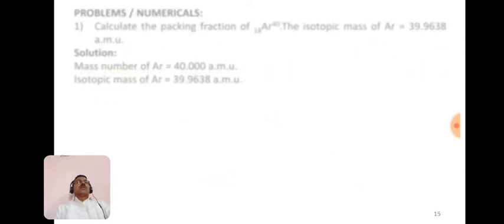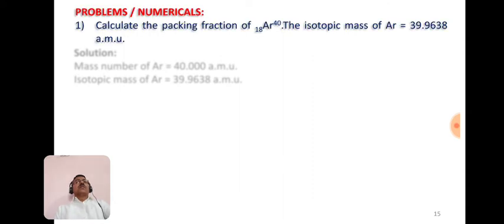Now let us see some numericals based on this formula. This is the problem: calculate the packing fraction of argon, atomic number 18 and mass number 40. Its isotopic mass is given, that is 39.9638 atomic mass unit. So we have to solve this.